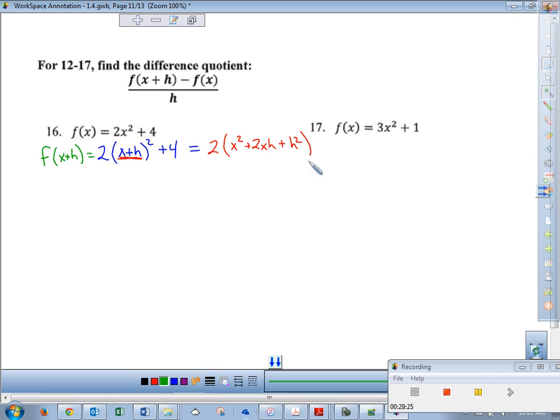Time out. If you don't know that shortcut, you could do this instead. X plus h times x plus h. Isn't that really what you're trying to do when you square a binomial? Take it times itself, FOIL it out: first terms times each other, outside guys times each other, inside guys times each other, and last terms times each other. And there's your 2xh right there, because there's xh plus xh. So it's x squared plus 2xh plus h squared.